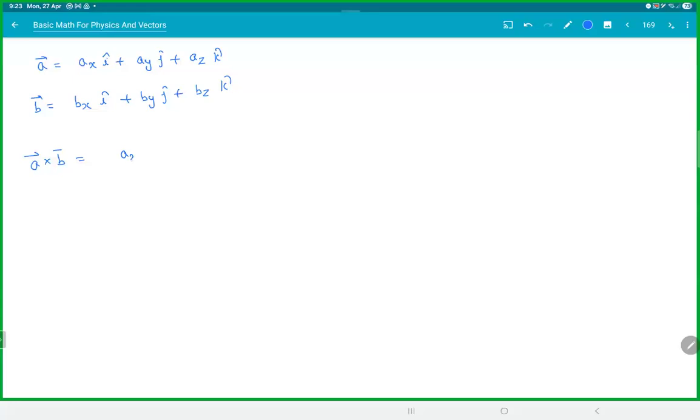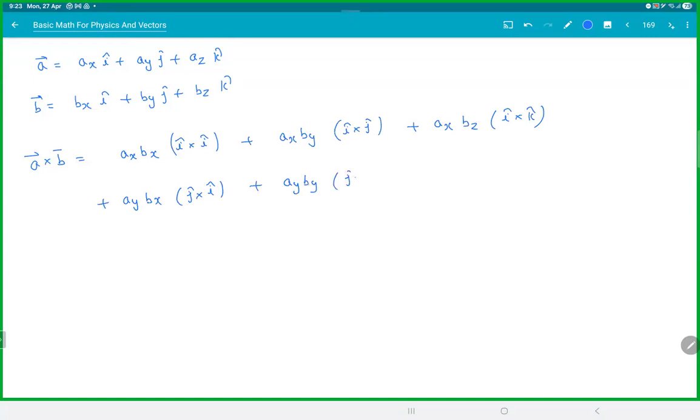So when you do this, you end up with AX BX i cross i, AX BY i cross j, AX BZ i cross k cap. This is boring, but yeah, we have to write.